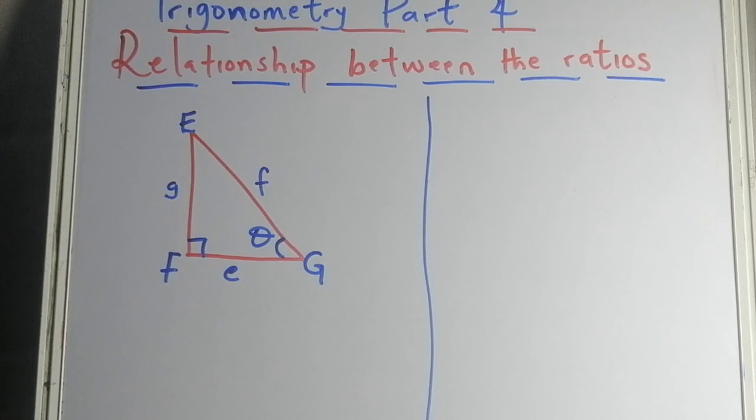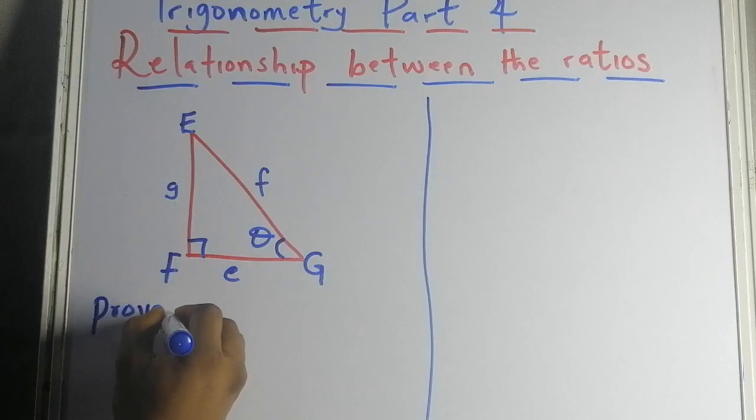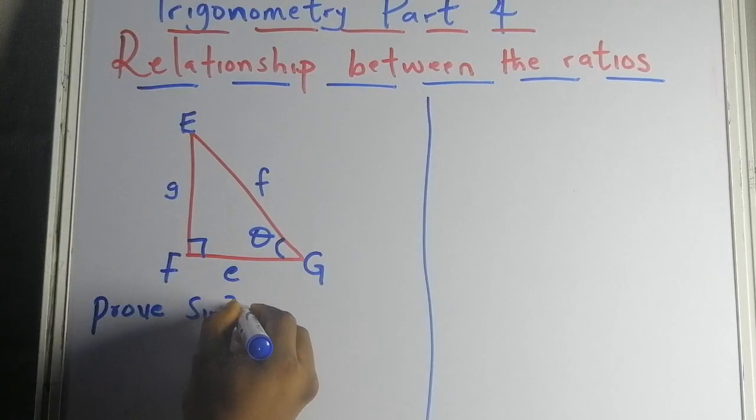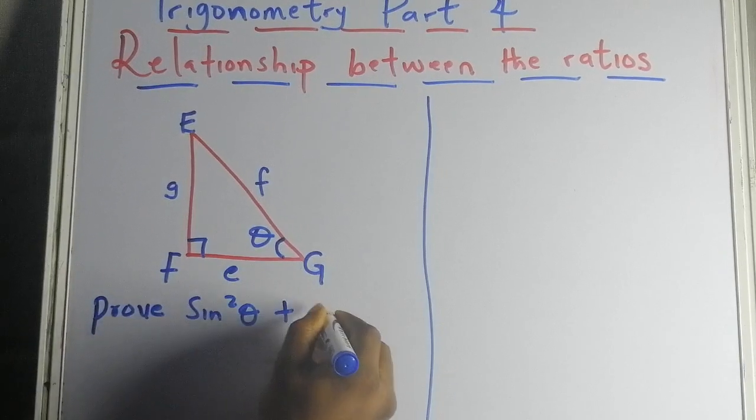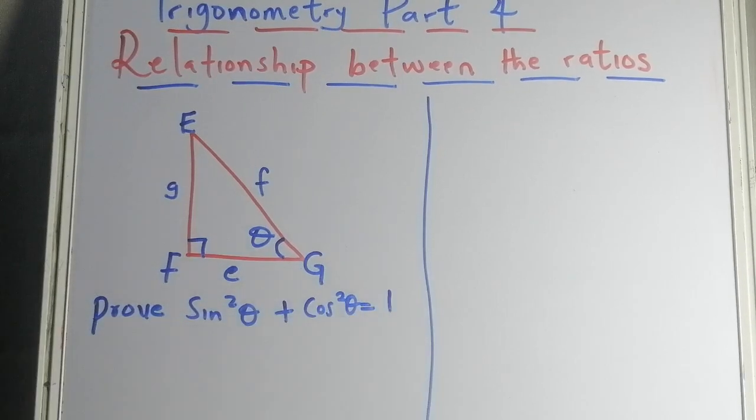So here, not to waste our time, we want to prove that sine square theta plus cos square theta equals to what? 1. So that is what we want to prove now.